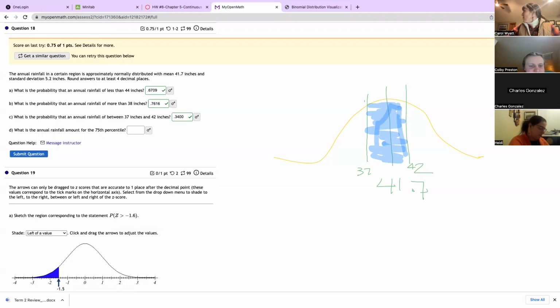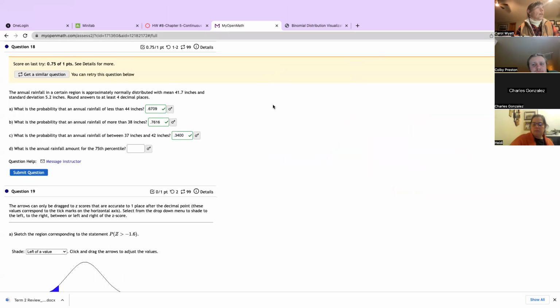From here, we're going to try to find that 75th percentile. I'm going to draw another picture because that's the easiest way to see these things. So here I have my curve. I want this at 41.7.